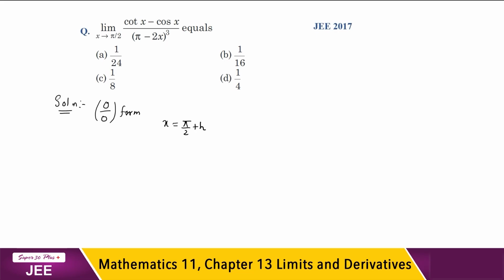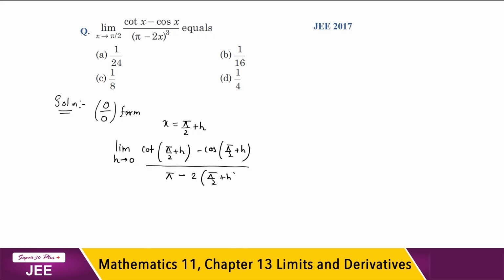So this limit can now be written in terms of h: limit h tending to 0, cot of pi by 2 plus h minus cos of pi by 2 plus h, and in denominator pi minus 2 times pi by 2 plus h whole cube.